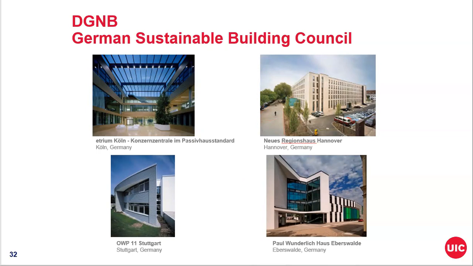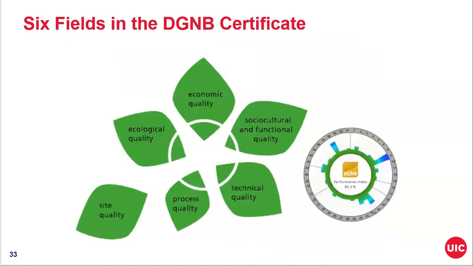So buildings with high quality standards documented by DGNB have been constructed in Germany and then adopted, especially in the European Union zones. So they're more widely used in Europe, and they're an ideal tool for high building quality and performance in that area. And these are their 6 fields, how it works.